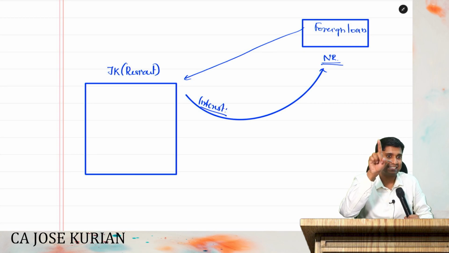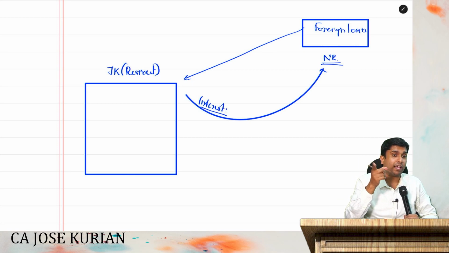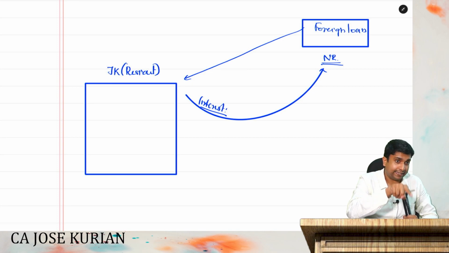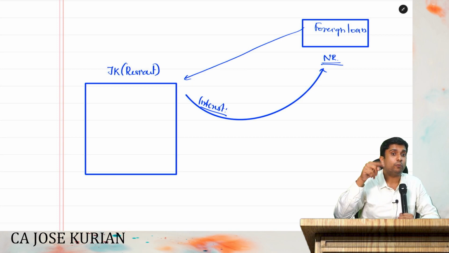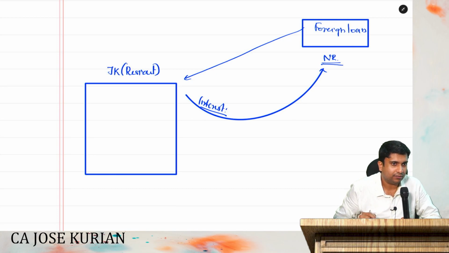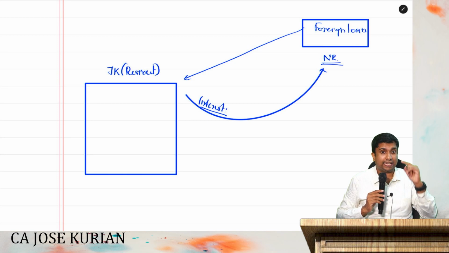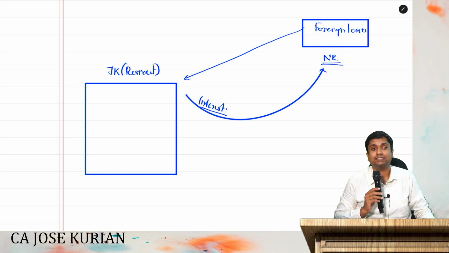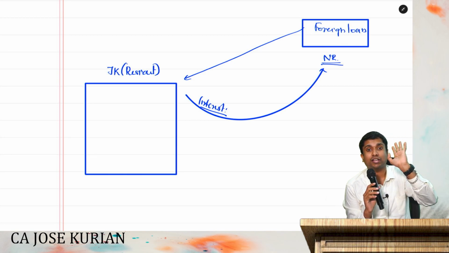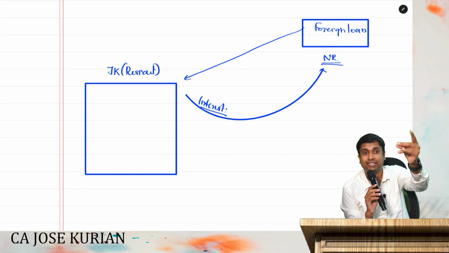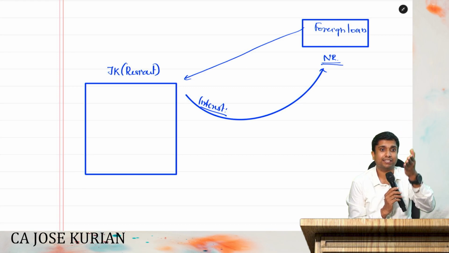Hope you remember under section 9. If interest is payable by a person resident in India, then that interest shall be deemed to be accrued or arisen in India in the hands of the non-resident recipient. Deeming fiction, section 9.